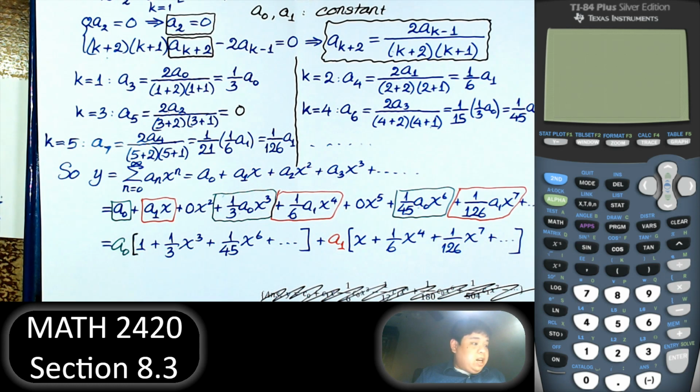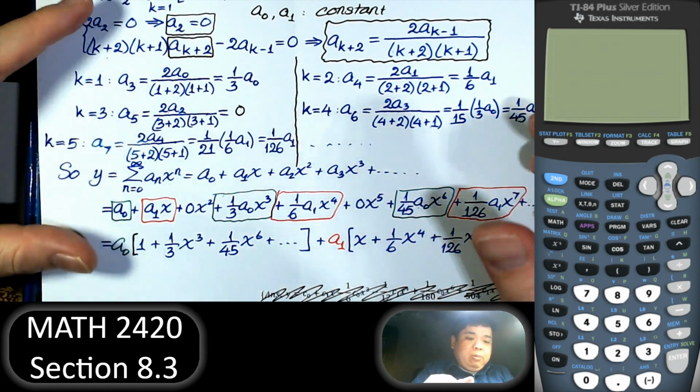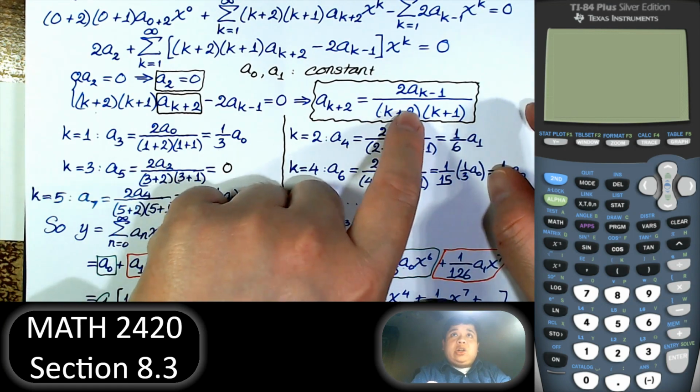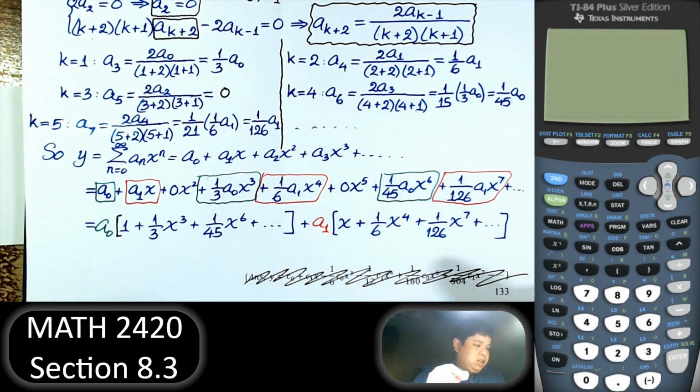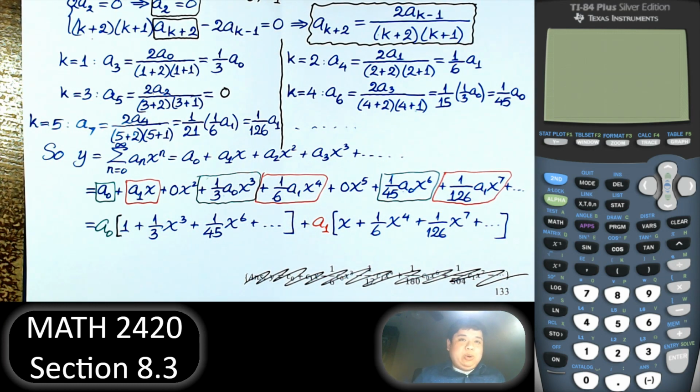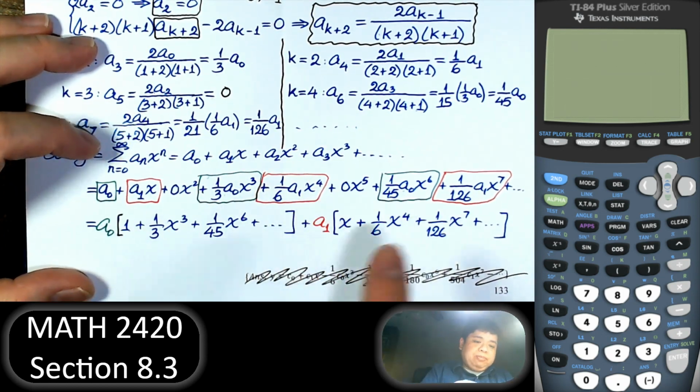I know this is a long section already, but I just want to show you how we can do this recursion on the calculator. If your major is computer science, later on you might appreciate what we're doing here. Right, so what we have is a sequence of numbers, a sequence of coefficients, right?